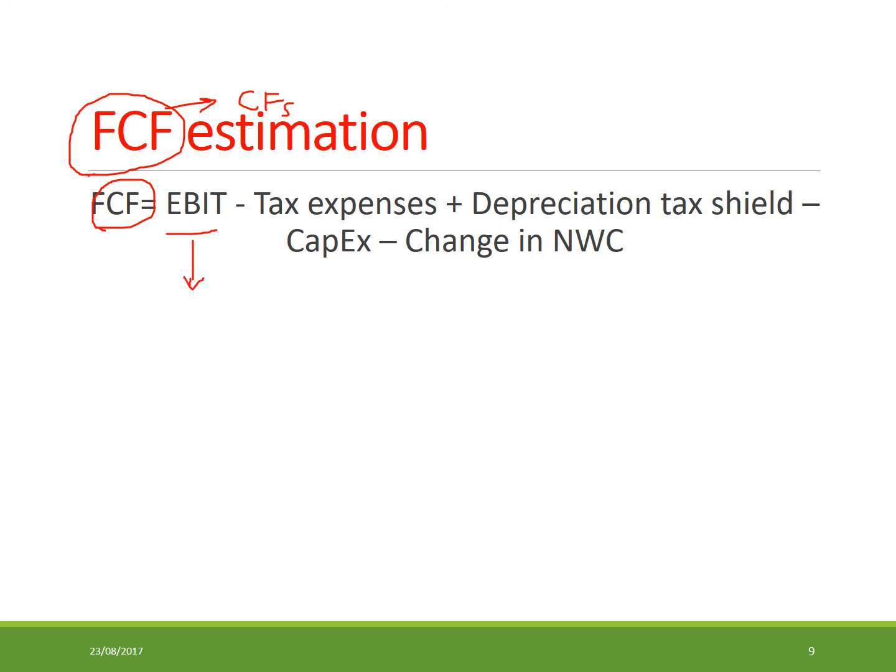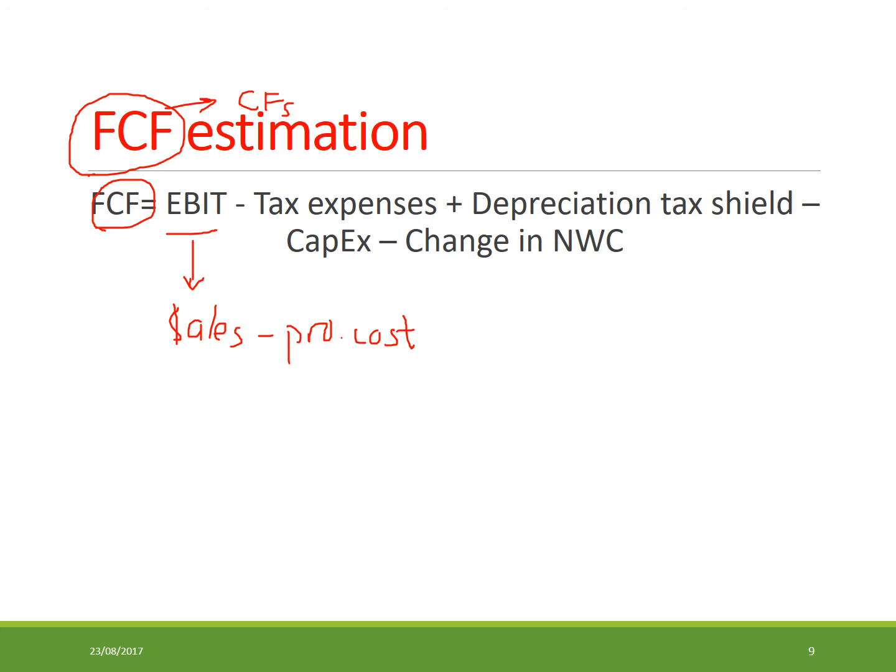So this bit here is earnings before interest and tax. This is given by our sales or revenues minus production costs. Then we deduct the tax expenses.